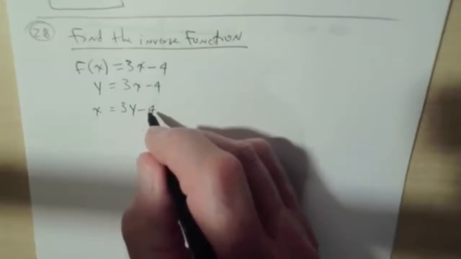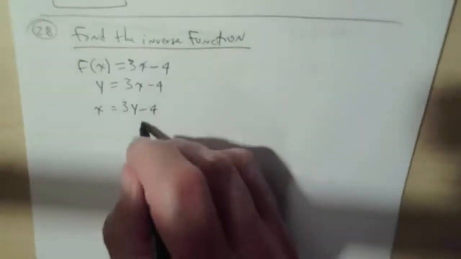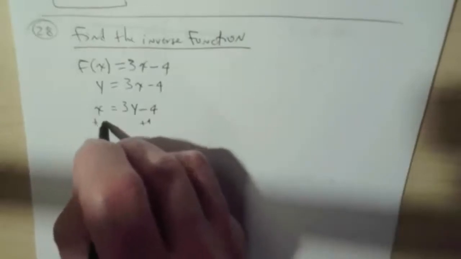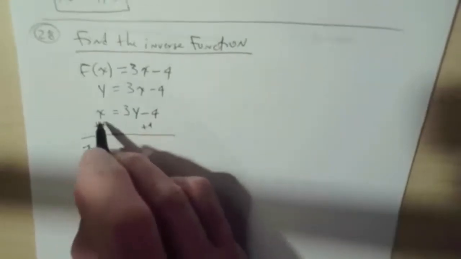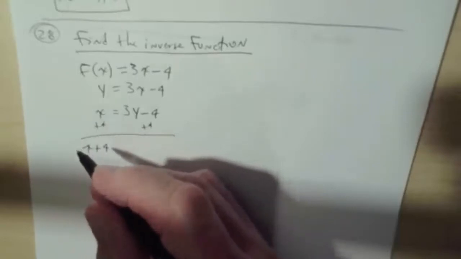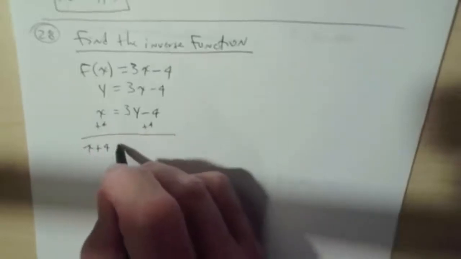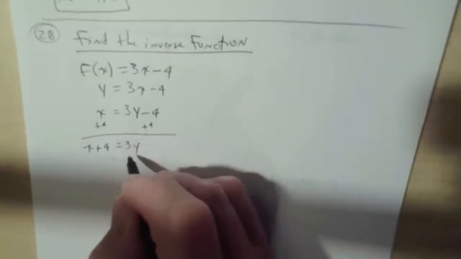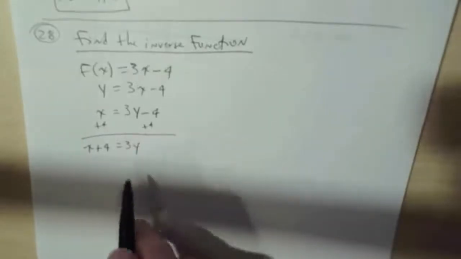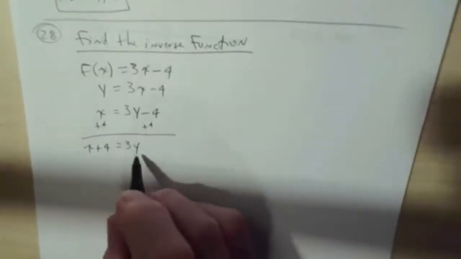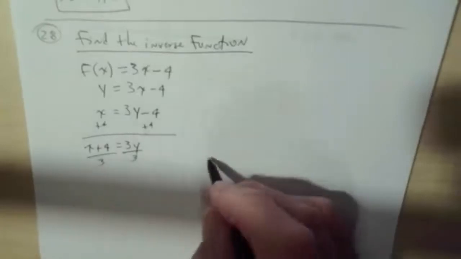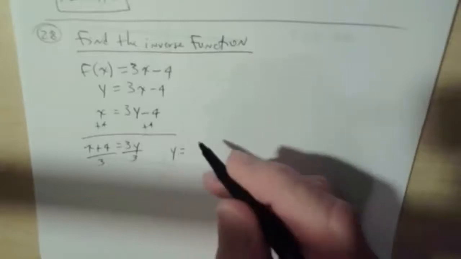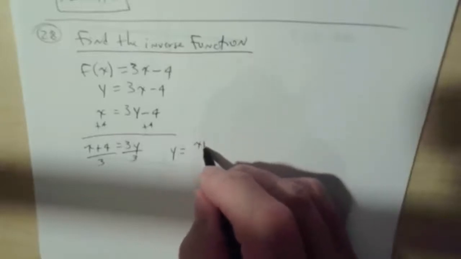Now we solve for y. We add 4 to each side, and we get x plus 4, these are not like terms, equals 3y. Now we divide everything by 3. So y equals x plus 4 over 3.